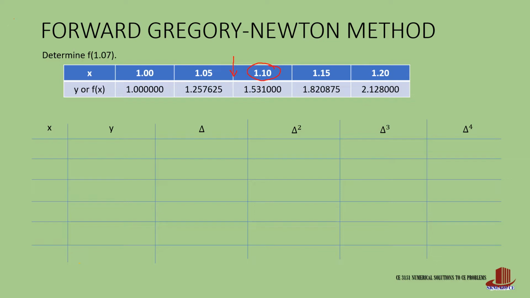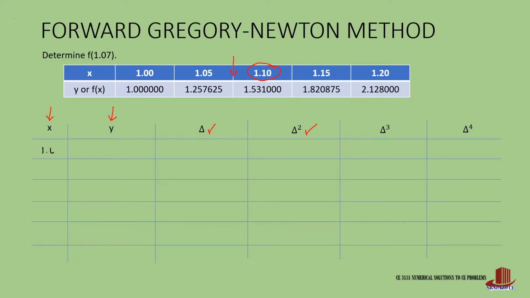This table would be taking the differences, thus its name as difference table. We would start with our x and y from our values on the table, and the others would be differences, which would be denoted by delta for the first level, delta squared for the second level, and so forth. So let's fill up our table.